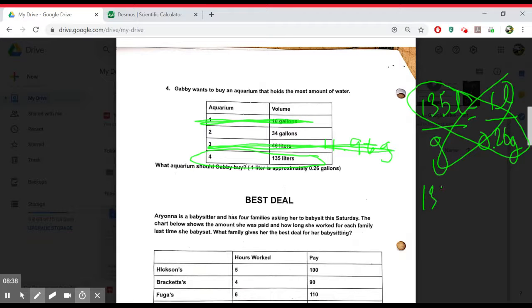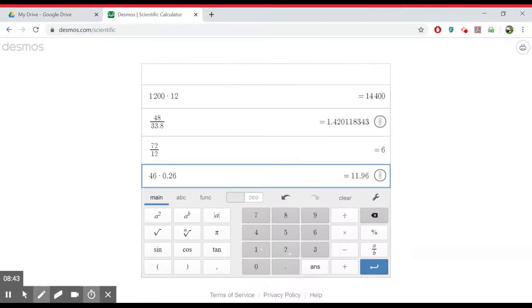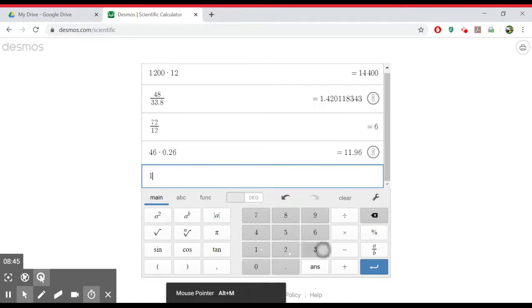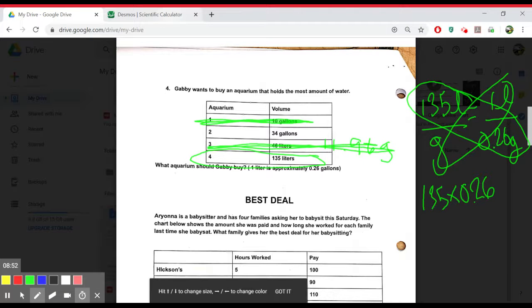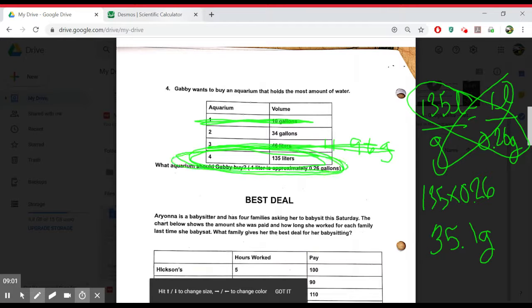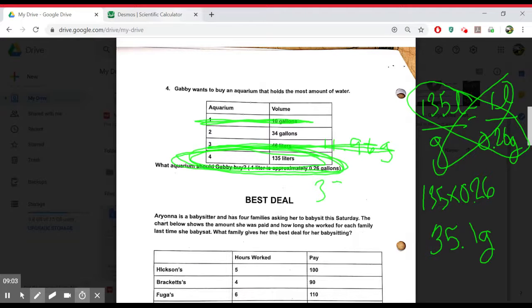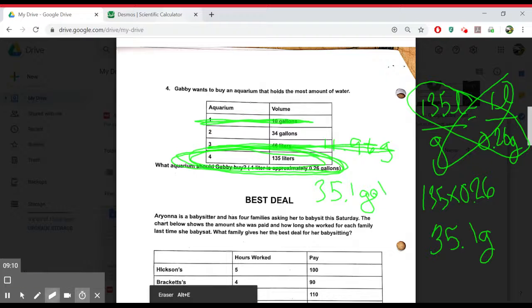So 135 times 0.26. 135 times 0.26 is 35.1 gallons, which tells me that this 135 liters is the highest, because 35.1 gallons is more than 34 gallons. And that is it.